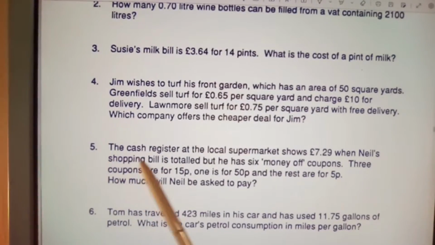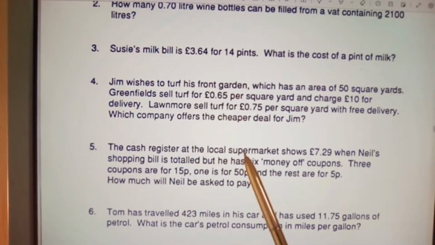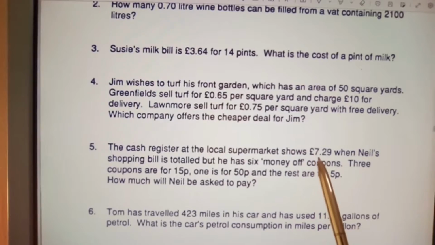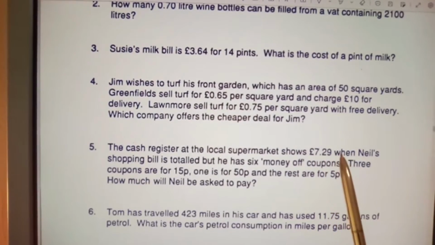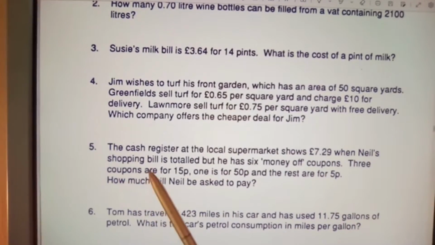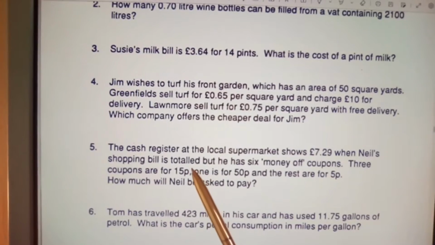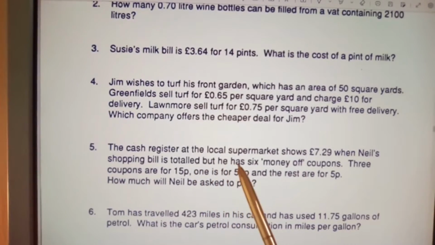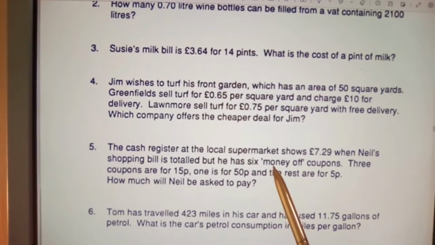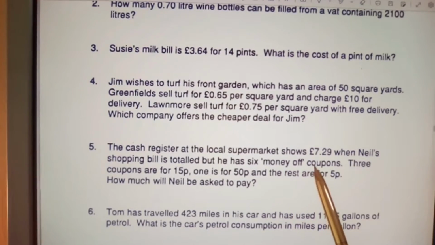So the cash register at the local supermarket shows £7.29 when Neil's shopping bill is totaled, but he has six money off coupons.